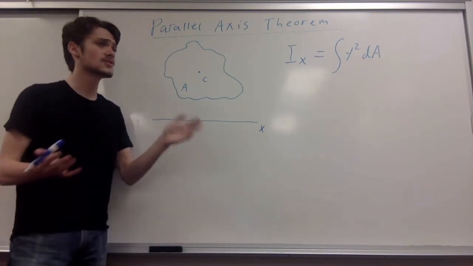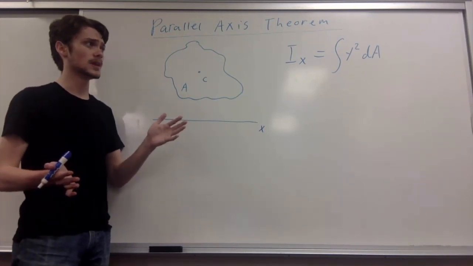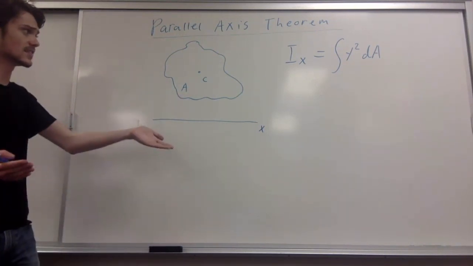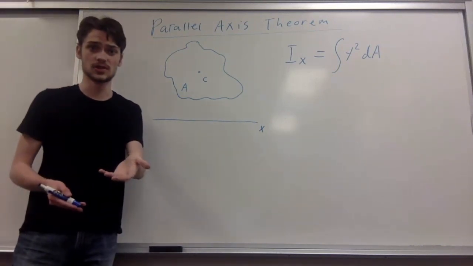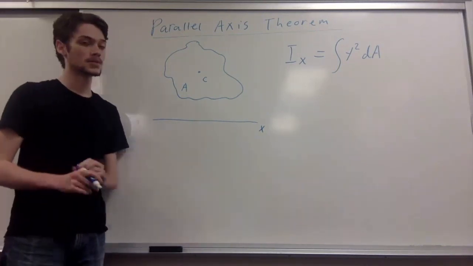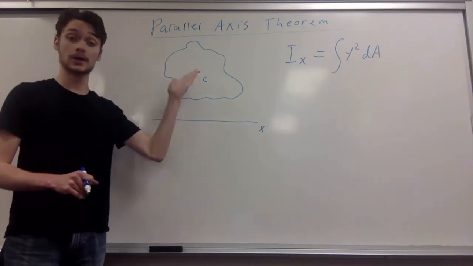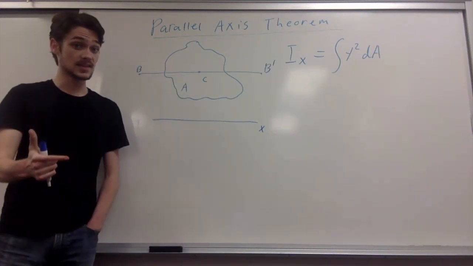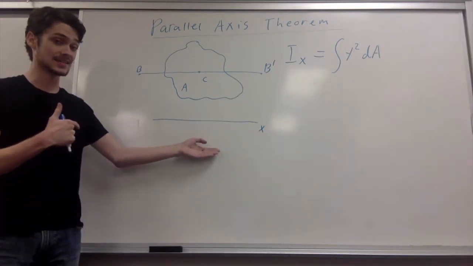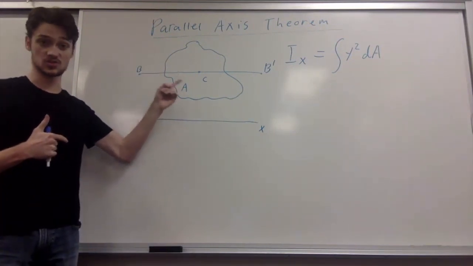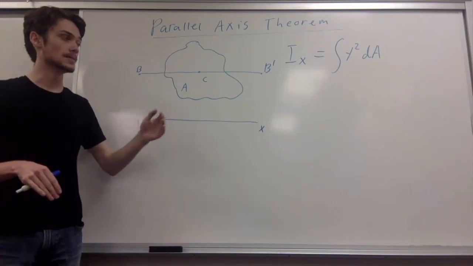I mean, this is just a randomly drawn shape, but even if it wasn't, you'd still need multiple integrals to be able to solve it, which is not fun. But there's a little trick that we can play, the parallel axis theorem. Let's say that there is an axis running parallel to the x-axis that is running through the centroid. We'll call it b prime.